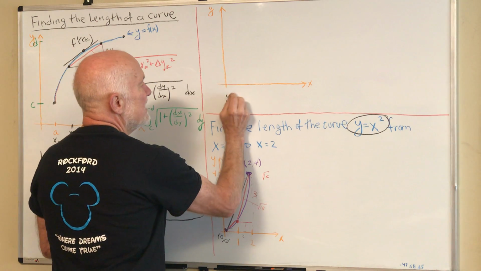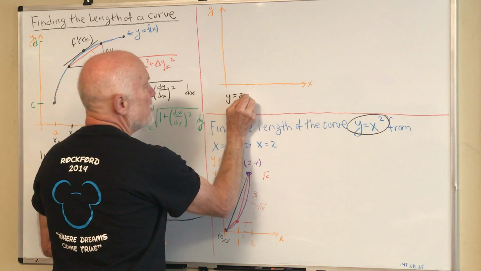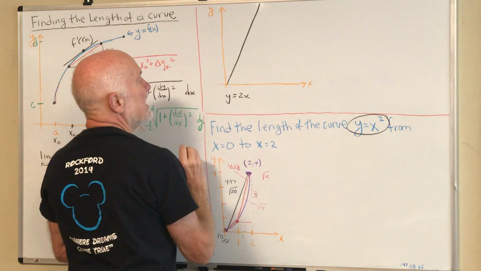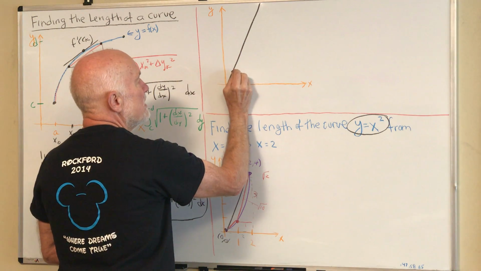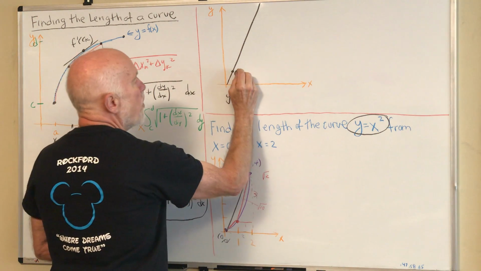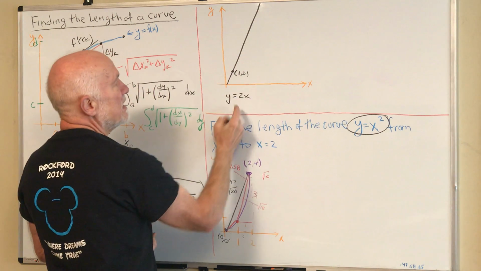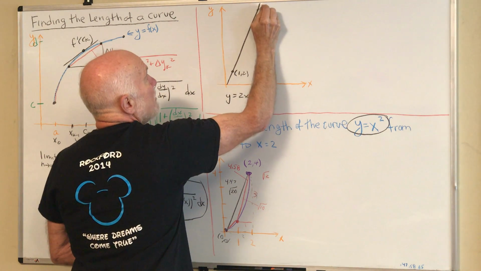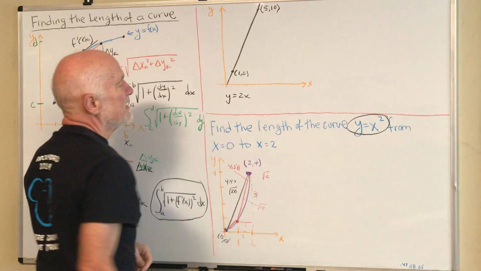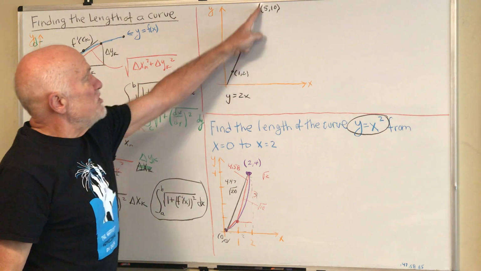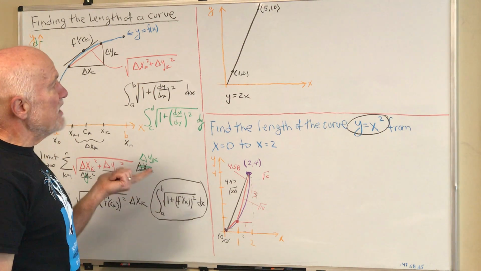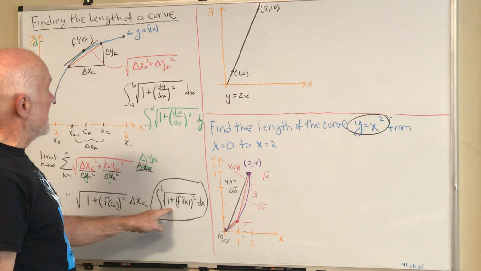So say we had y equals 2x, and you wanted to go from 1, 2 to 5, 10. Now we can find that with geometry. Let's see if we can find it with this formula.